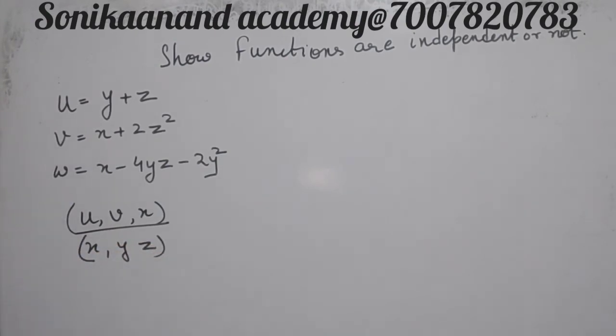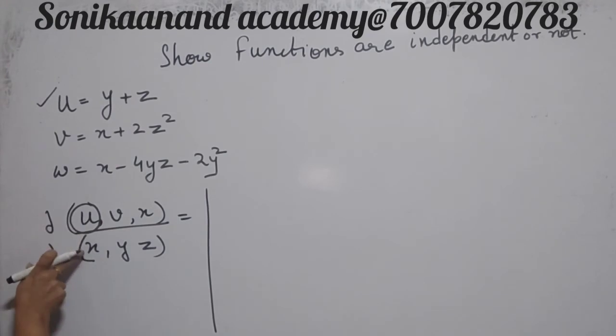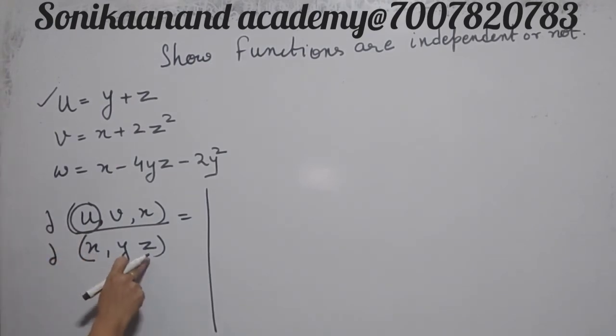Okay? And we write it over here in this way. For this, you have to take the first function u and differentiate in terms of all of x, y and z.